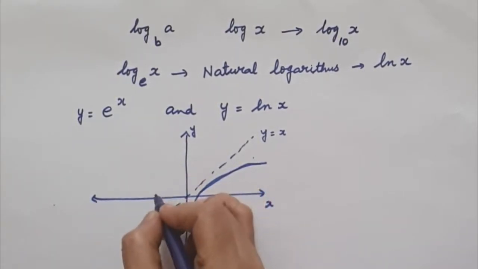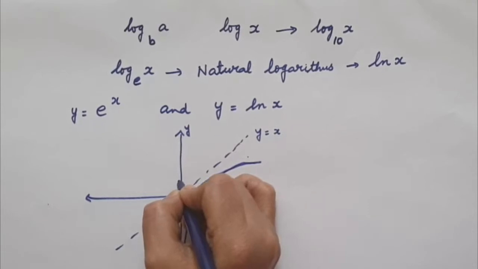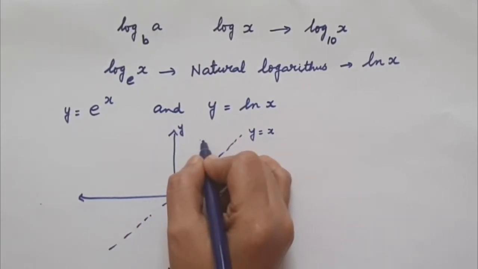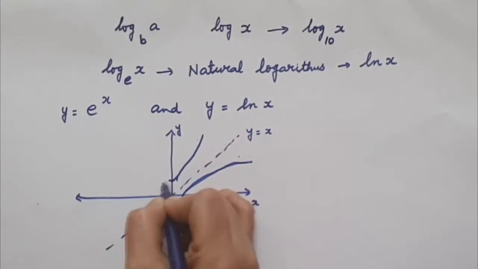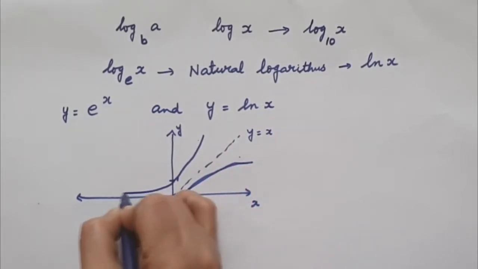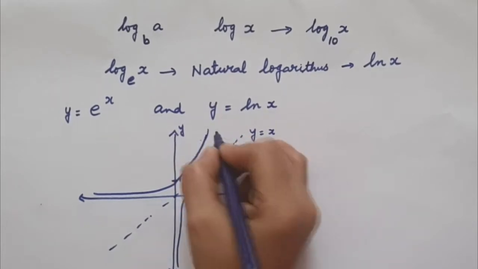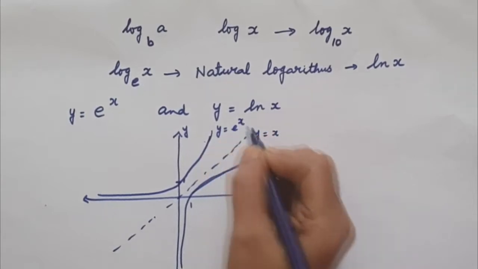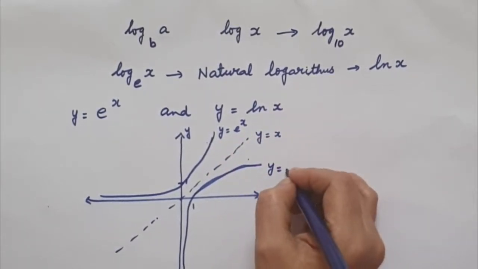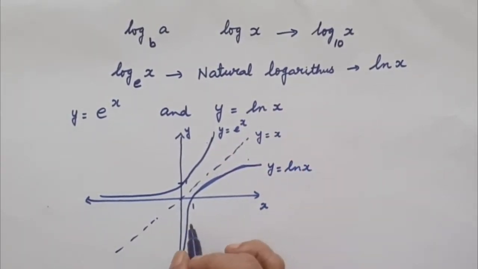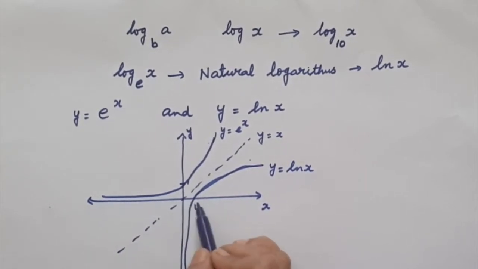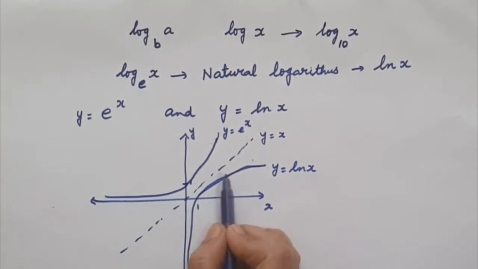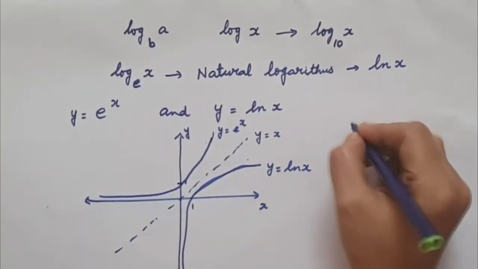In the same way, when we draw the graph of y equal to e power x, it will be passing through 1. So now we see that these two graphs are reflections of each other along the line y equal to x. So these two are inverse functions.